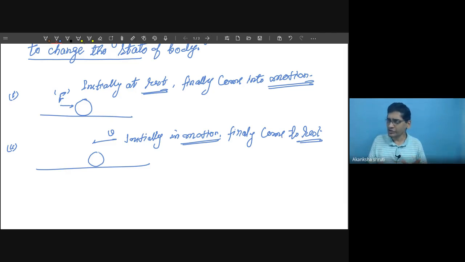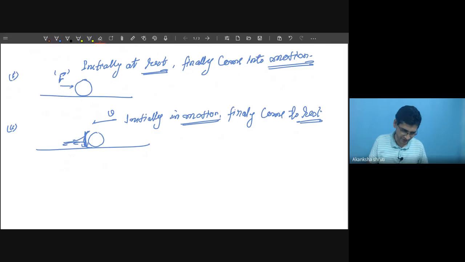So rest and motion are the two states. This is possible when you put some hurdle, meaning you are pushing it or holding it in your hand. Ultimately it will come to rest. So it is one kind of state change.